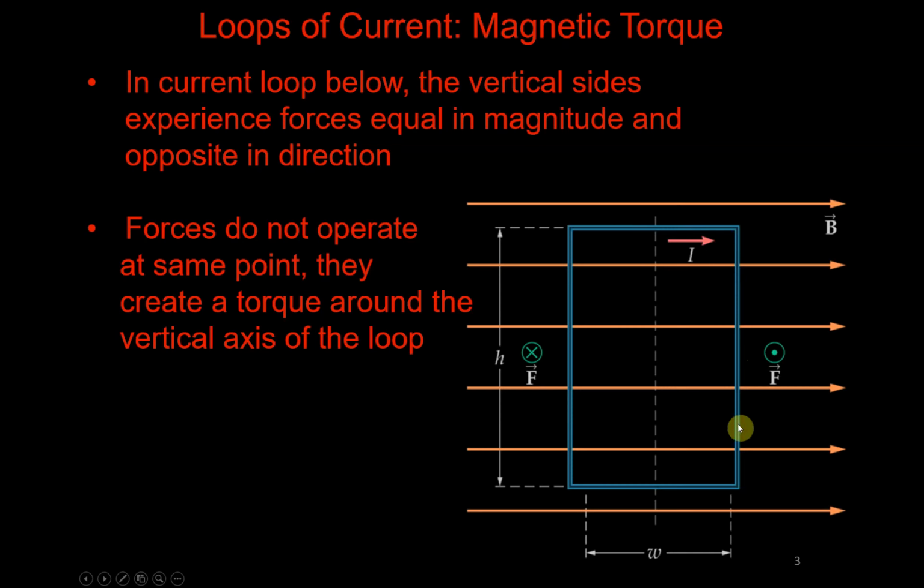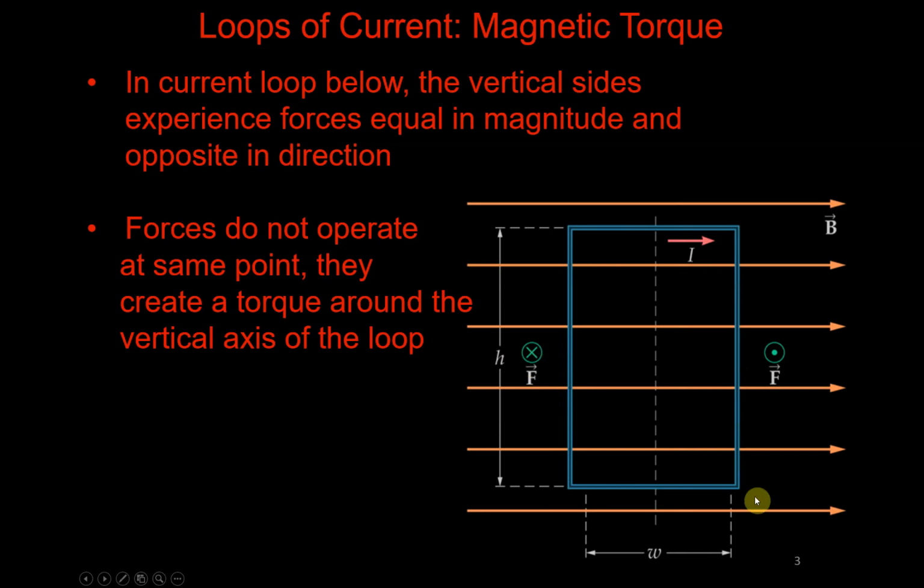So there will be no force on the moving charges in this part of the loop. As the charges move through this part of the loop and through this part of the loop, the charges will feel a magnetic force acting upon them. That will cause this side of the loop, where the current is going upwards, to be pushed downwards. The force will be into the screen.